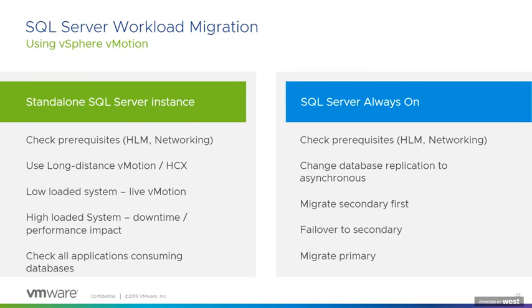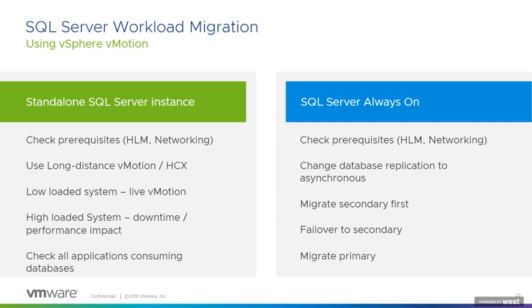If you will be migrating a standalone SQL Server instance, you want to ensure that all prerequisites, especially networking, are already configured in place. Then you would be using long-distance vMotion from vSphere client. For a low-loaded system, it might be live migration.